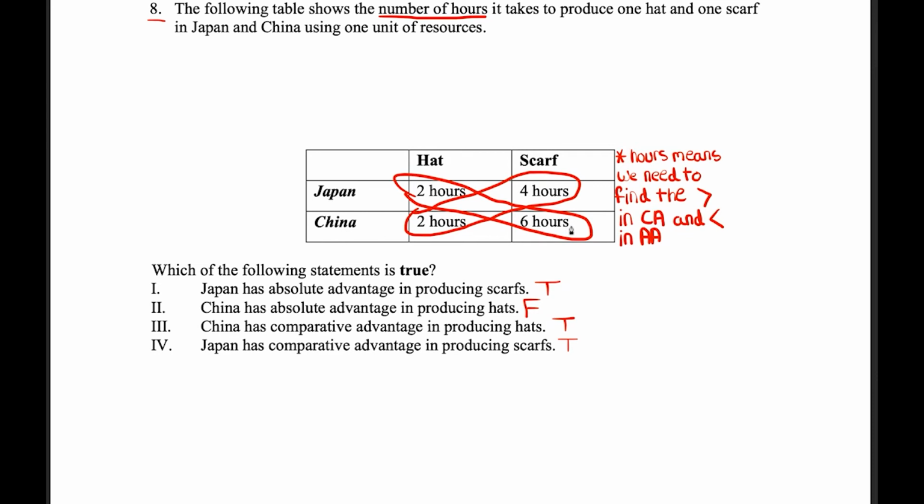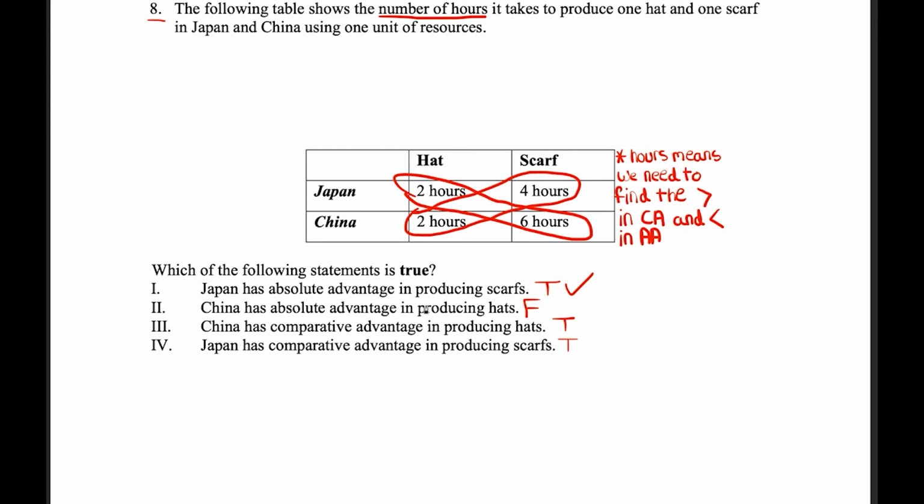If this was a goods question, I want to pick the greater one. But no, this is an hours question. This is a cost of production question. I must pick the lower one, the less one. Okay, so it's 4 hours. So it is true. Absolute advantage for Japan is scarves. So this is true. Now let's go to the second one.